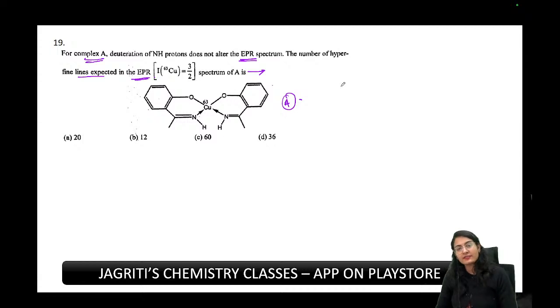The first condition is very important. It is a self-explanatory condition कि इसको कोई फर्क नहीं पड़ रहा. When the NH is removed and you are getting a ND, there is no difference.